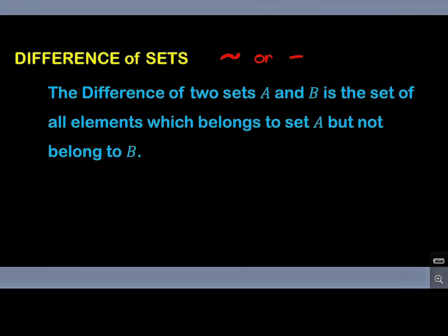The difference of two sets A and B is the set of all elements which belong to set A but do not belong to B, or elements which belong to set B but do not belong to set A. Always remember, in the difference of sets, the first set is the reference of our answer.